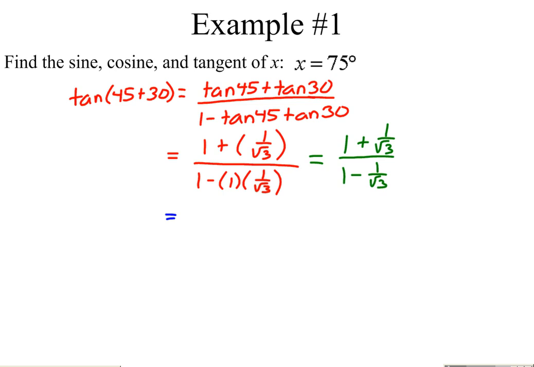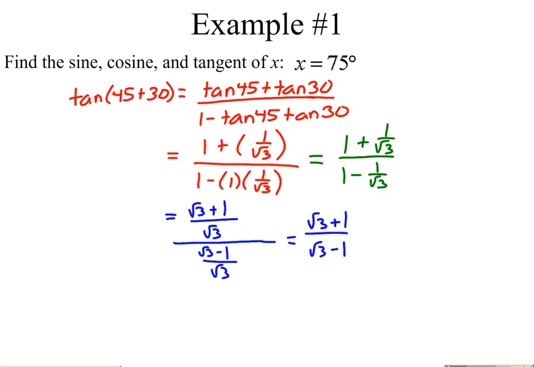Simplify the top, simplify the bottom, multiply up by the reciprocal. Up top, our common denominator is root 3. We end up with root 3 plus 1. In the bottom, our common denominator is root 3. We end up with root 3 minus 1. Now when I multiply up by the reciprocal, our root 3's cancel. I'm left with root 3 plus 1 over root 3 minus 1.